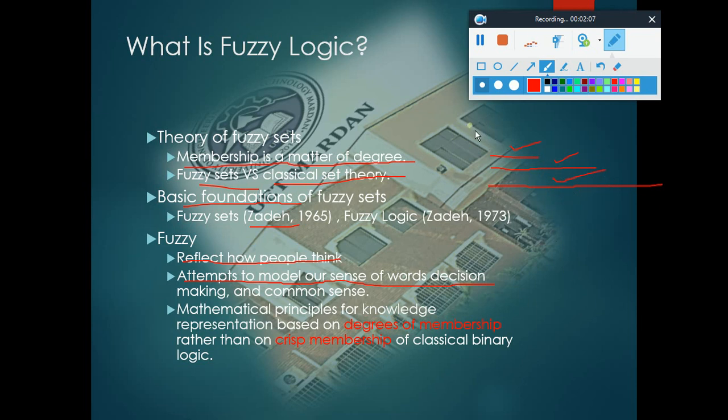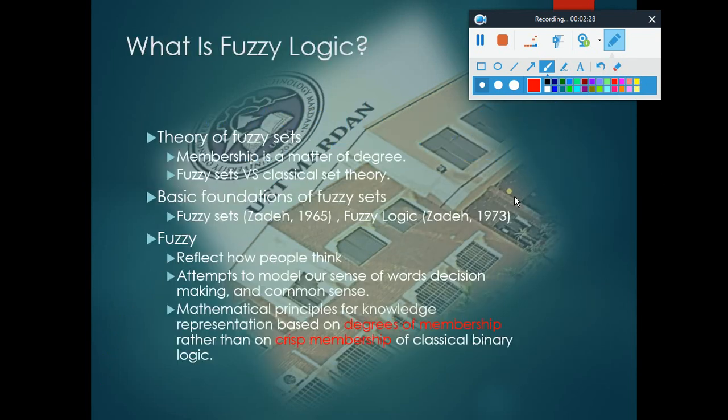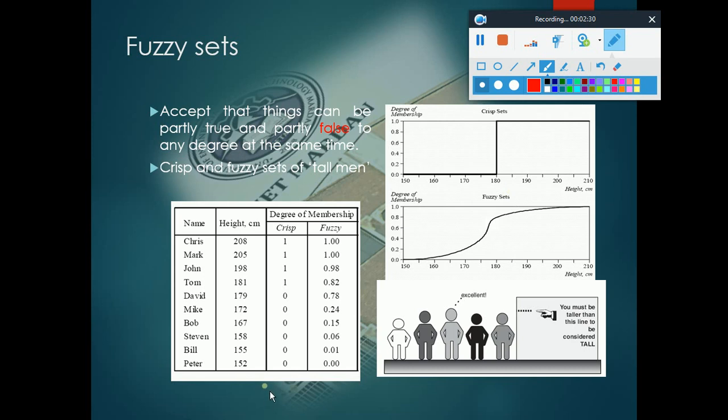So actually what does short mean, what does long mean, what does very long mean? Fuzzy logic gives a mathematical shape to these terms: short, long, very long, and so on. It will be clear from the coming examples.